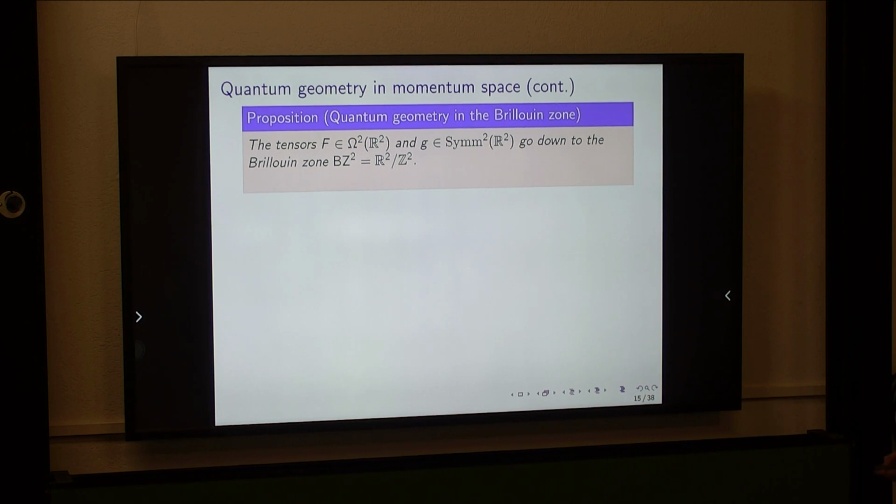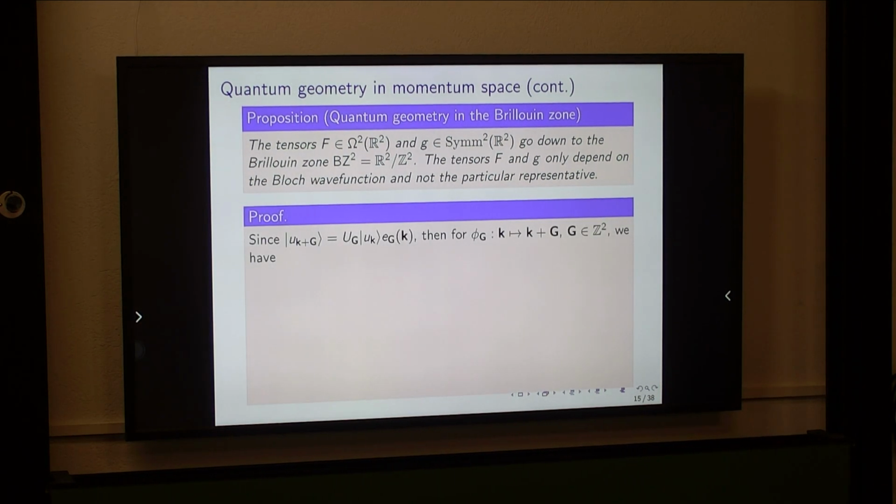Right now, my map was from R2 to P sub H. And this boils down because of the way I carefully handled the definition. And not only that, the tensors F and G only depend on the Bloch wave function, the equivalence class, not the representative. So under the equivalence that I gave you, this is well defined.